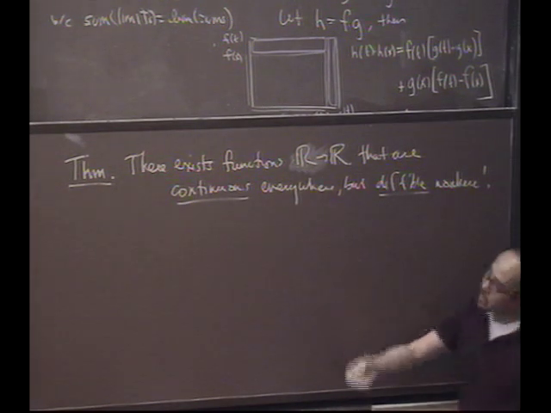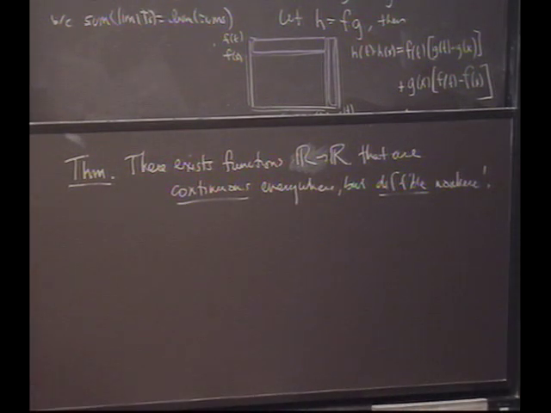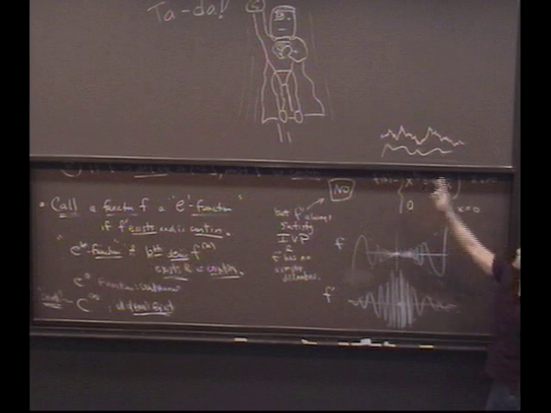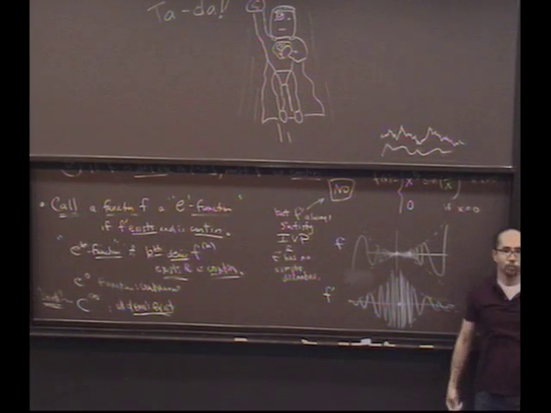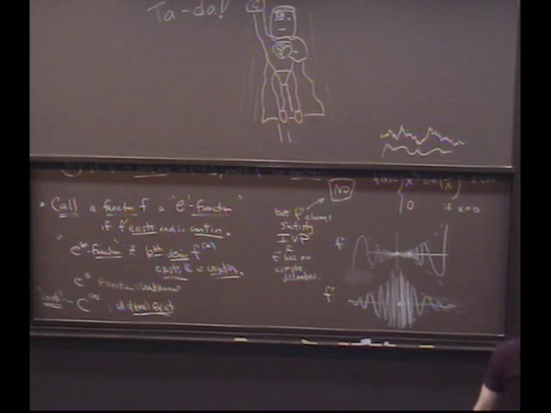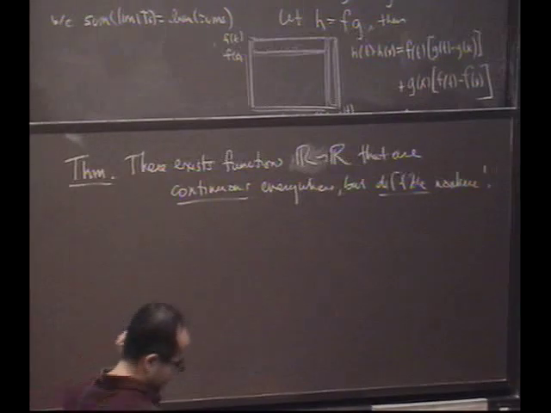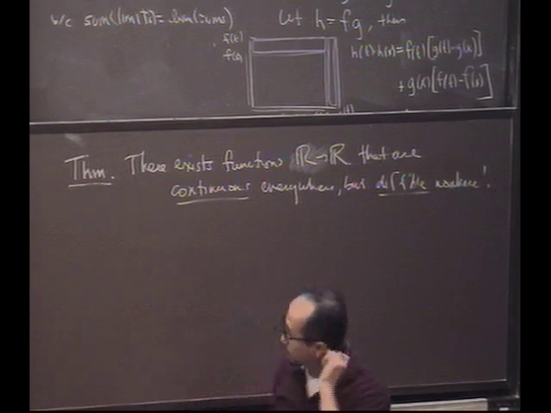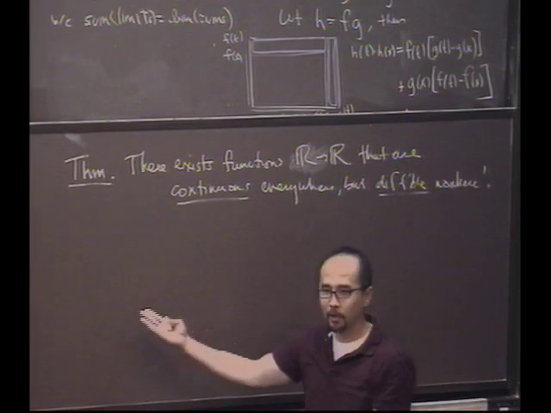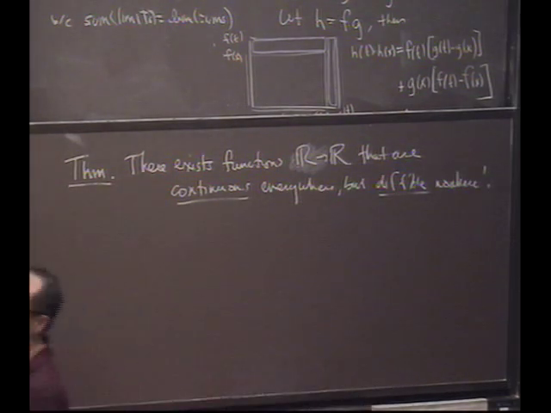In other words, we have a continuous function that is just so jagged that nowhere does it have a derivative. Okay, I'm just making something that looks plausible. It's so jagged that nowhere has a derivative. Really?